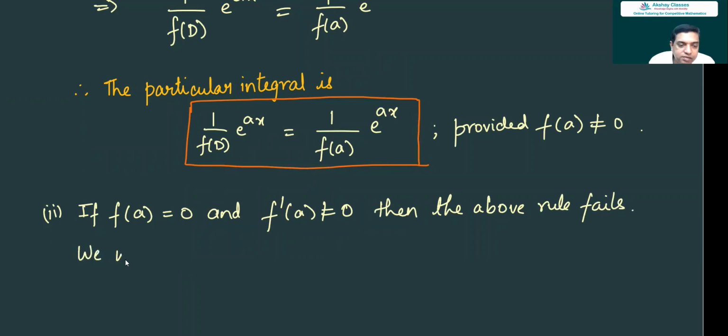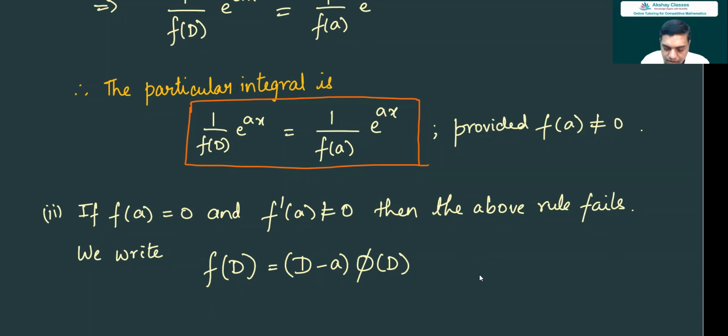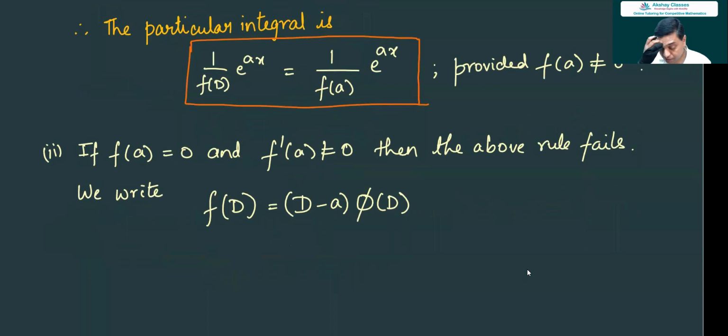And because f of a is involved, we will write f of d as d minus a times phi of d, because d minus a is a factor of that equation. Now, what is this phi of d? So we will find that.